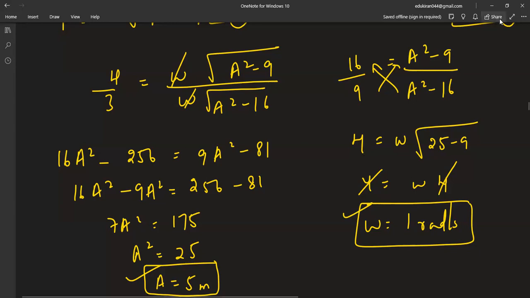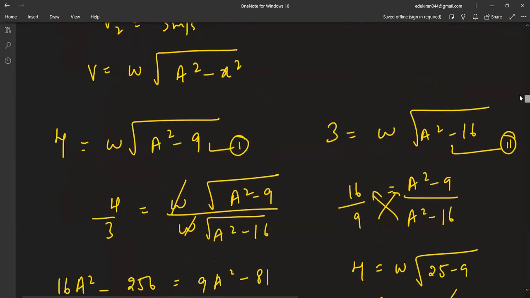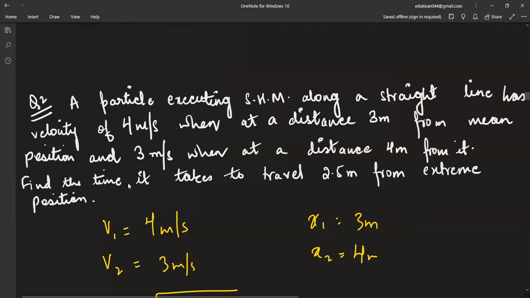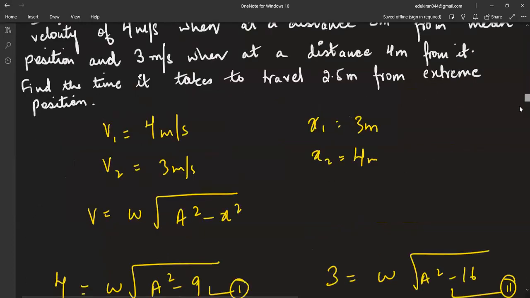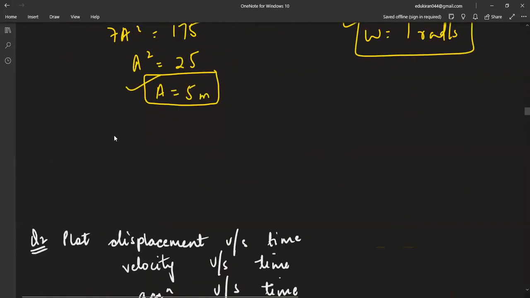Now, in this question, it had mentioned something. Find the time it takes to travel 2.5 meters from the extreme position. Now we have the value of omega and we have the value of the amplitude. So it's not a big problem. From the extreme position, it is saying, so we'll use cos. As I've told you, we'll be using the cos equation.